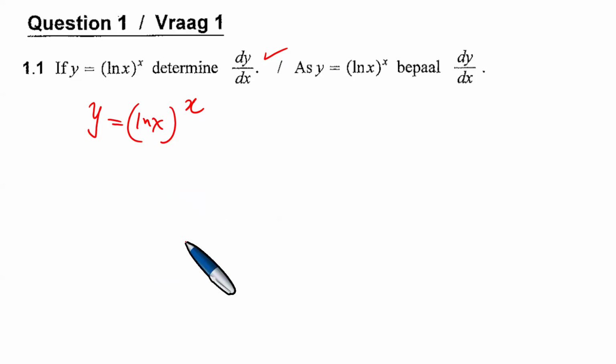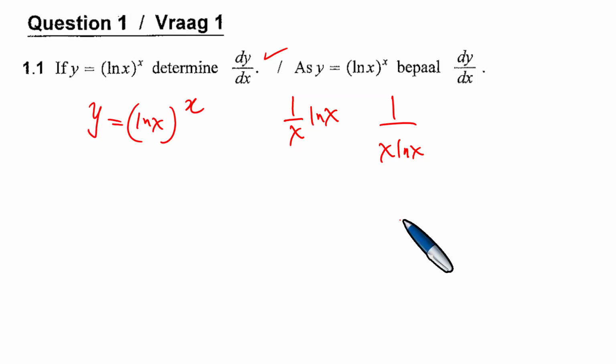Hello. 1 over x ln x, like this? Are you sure? So you're saying the x and the ln x are in the denominator?